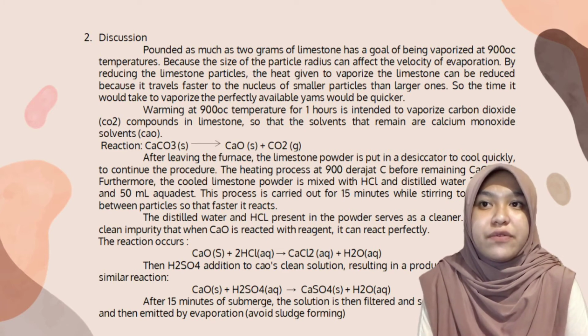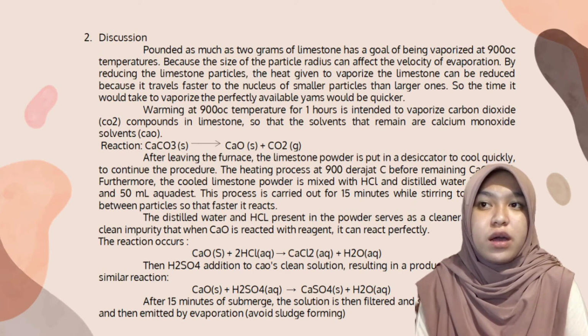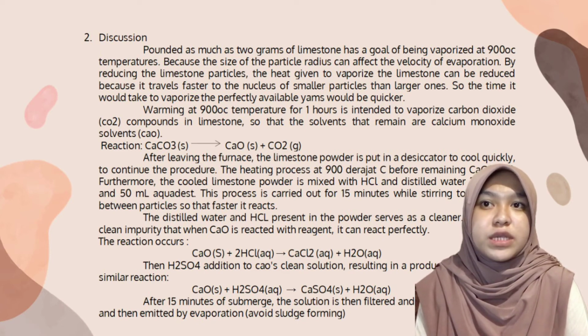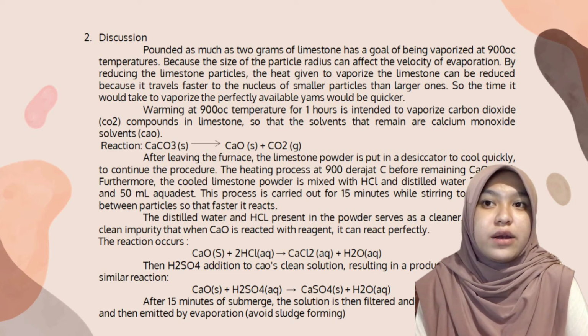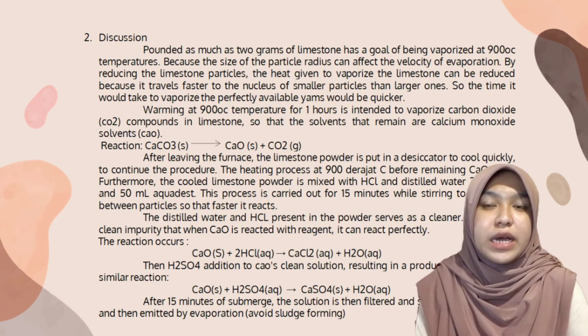After leaving the furnace, the limestone powder is put in a desiccator to cool quickly to continue the production, and the heating process at 900 degrees Celsius leaves a CaO solid.